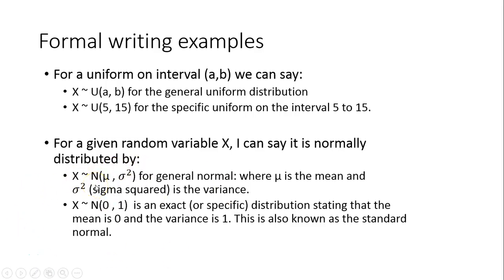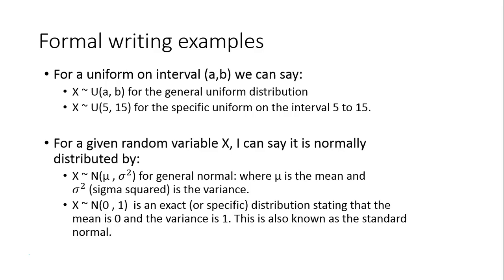You need tables. The trick is to use a table for normal 0, 1 and just do a transformation of that to any other normal. Once you transform any other normal to normal 0, 1, you can use tables to give you probabilities. It's important because you have tables for this standard normal. So that's why it's important.